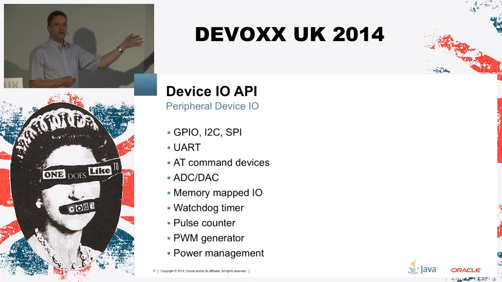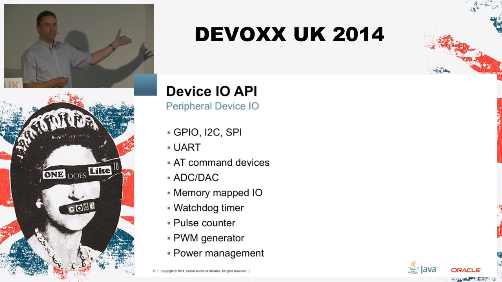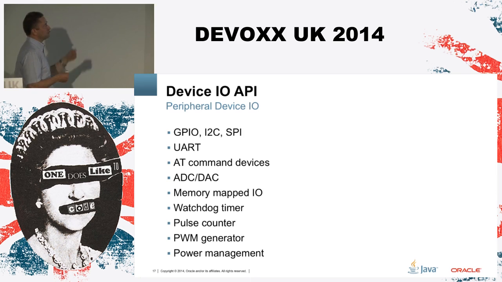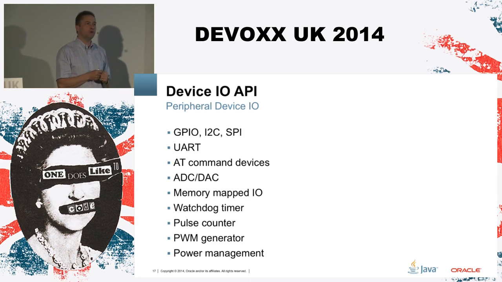So you can set the baud rate on a particular UART, you can set the parity, you can set the number of bits, all those sorts of things. Good old AT command devices. Now this goes way back to when we used to have modems, but there's still a number of devices that use the AT command set in terms of communication. So we've added part of the API to simplify that for you as well.